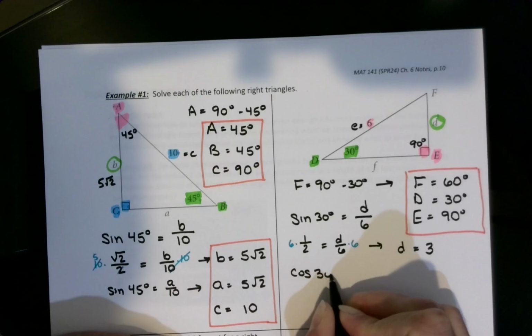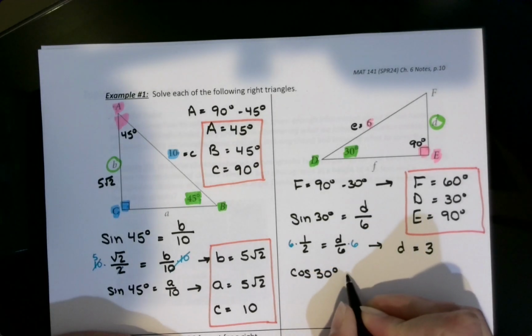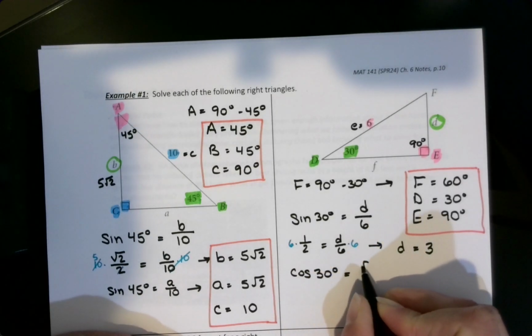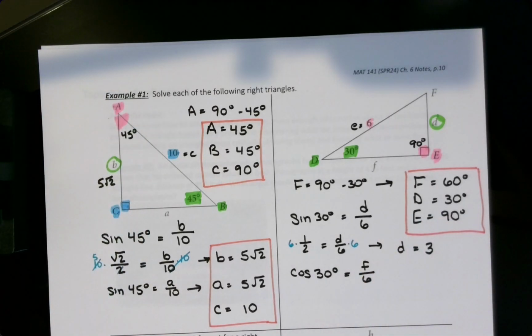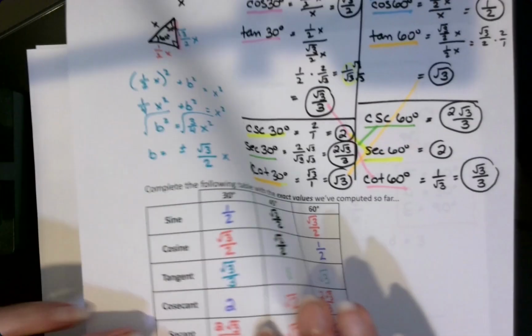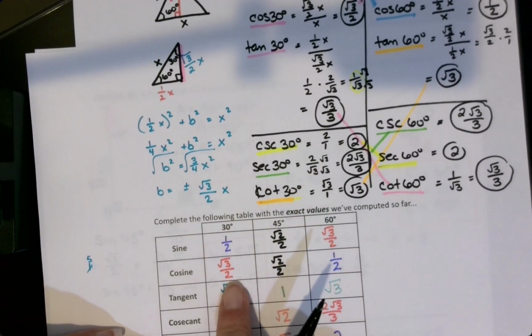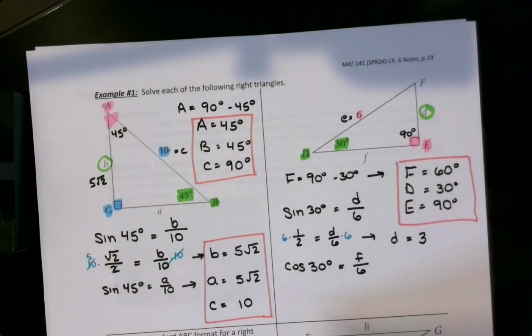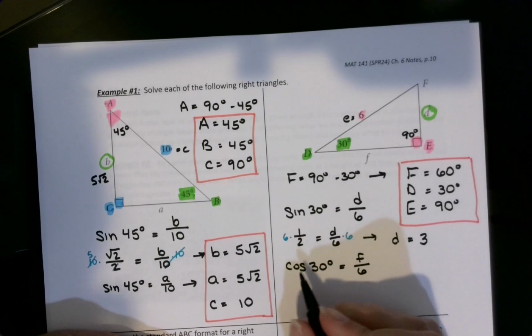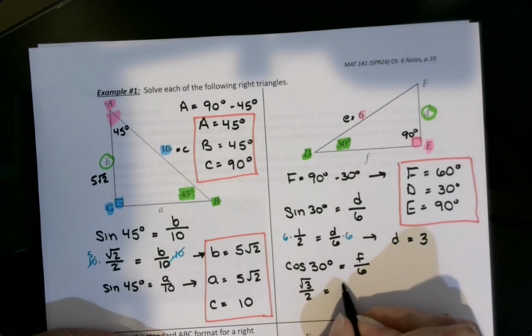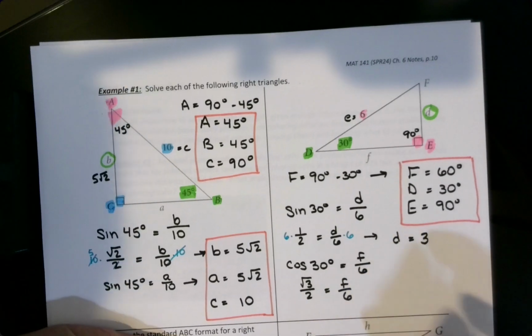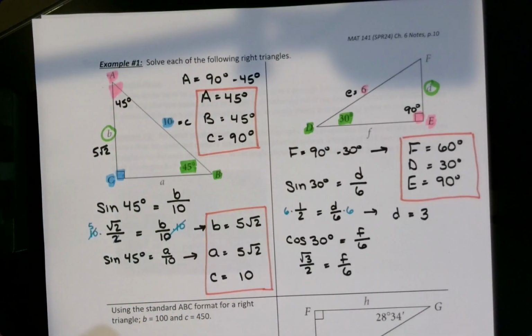Let me go for the cosine of 30 degrees. That would be equal to the adjacent, which is f, over the hypotenuse, which is 6. The cosine of 30 degrees is the square root of 3 over 2. No matter which method I use to get my answer, the answer should come out the exact same way every time, no matter which method is used.